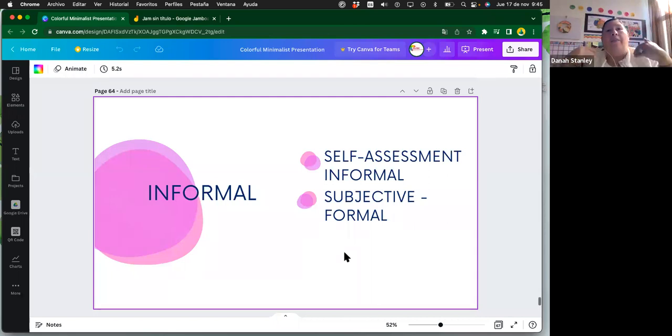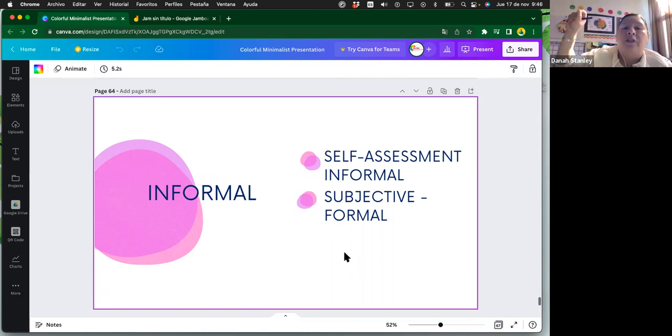Maybe as a final assessment, I'm going to ask them, bueno, ya, we have already practiced the salutations, we have been working with these expressions, etc., etc. Now, you are going to gather all the information you have, and you are going to write a formal letter for Mr. Brown, and these are the aspects I'm going to take into account.